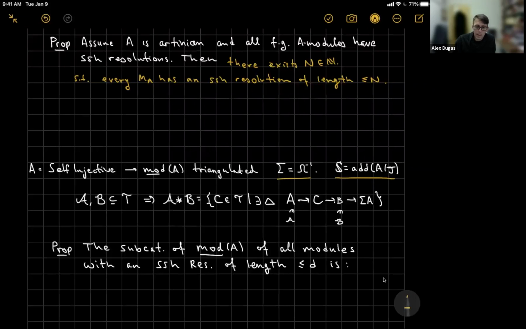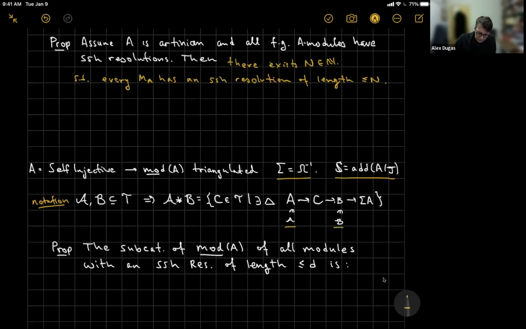We can write that as add A mod J. And recall this notation: for two subcategories A and B of a triangulated category, we can write A star B for the subcategory of all objects C that fit into the middle term of an exact triangle with terms in the subcategories A and B respectively.